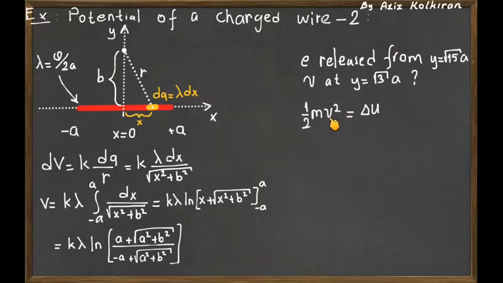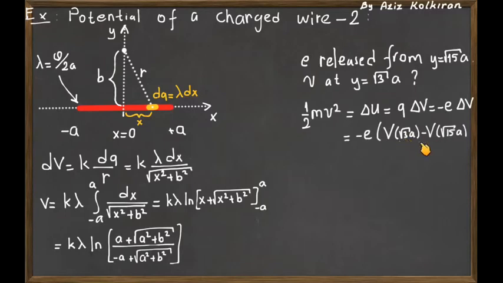So the final speed may be expressed in terms of the potential energy, and the potential energy is just the charge q in general times the potential difference, and we have already obtained the potential at any point on the y-axis. So instead of q we replace minus e, and putting in the final points and the difference of the potential, we express this change in the potential energy as the electron charge times the Coulomb constant k times lambda, the charge density, times the natural logarithm of 5 divided by 9.